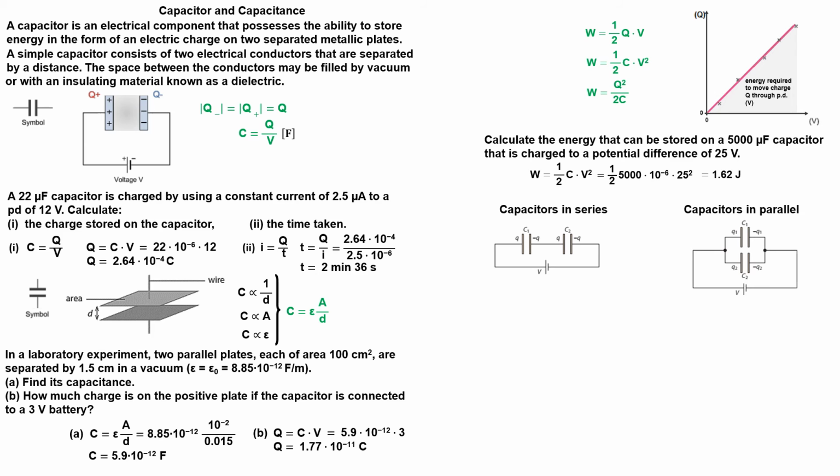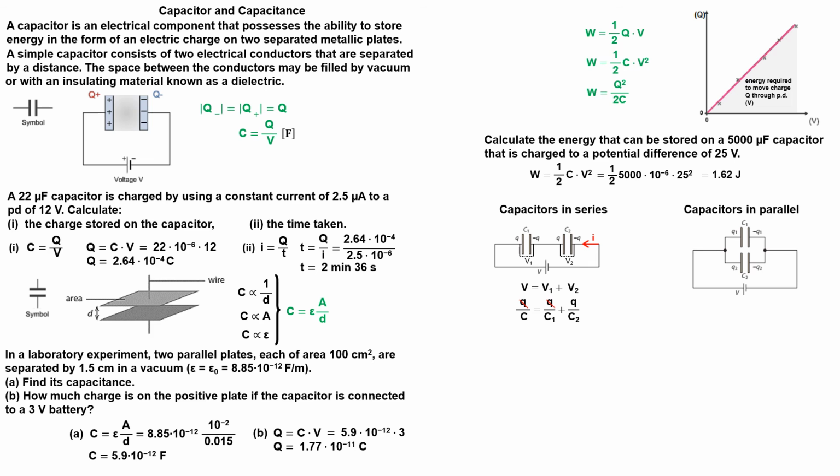Capacitors in series store the same amount of charge Q because the same current charges both capacitors. The potential difference across the capacitors must add up to give the electromotive force of the cell, V. The source of potential difference, V, is equal to V1 plus V2.